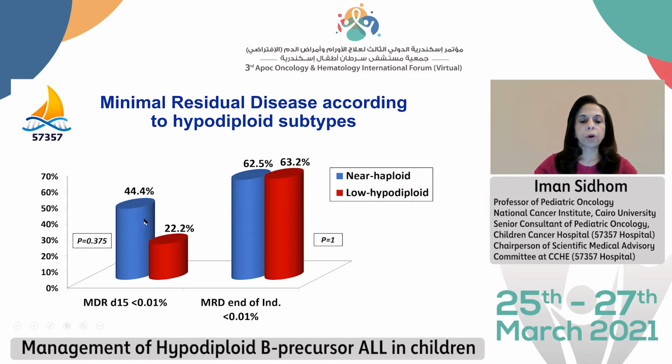44% of the near haploid had MRD less than 0.01% on day 15 of induction therapy, compared to 22% of the low hypodiploidy. About 63% of the patients in each subtype achieved MRD negativity at end of induction.